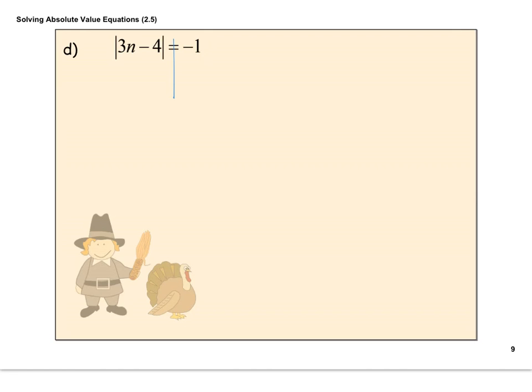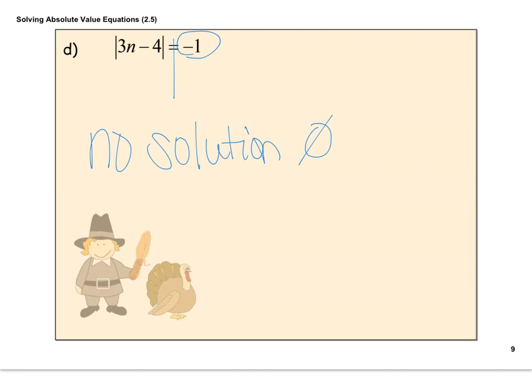Hopefully you're all like, no, that's not positive, because we have this negative 1 here. So this means that this is, I'm sorry, a no solution. And again, you can do the 0 with a slash through it if you would like. Don't need to explain, we only did it on the other one just so you can look back at your notes as far as why is that a no solution?